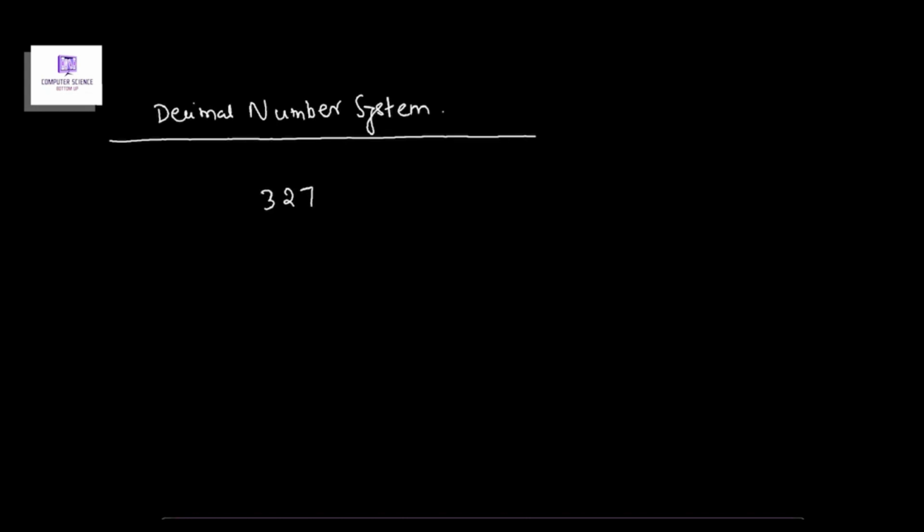After 327, the next number is 328. But if there is a fraction part also to 327, and the number of digits after the dot is 1 only, think of a number line with 327 and 328.